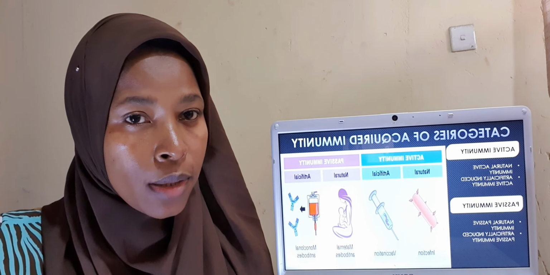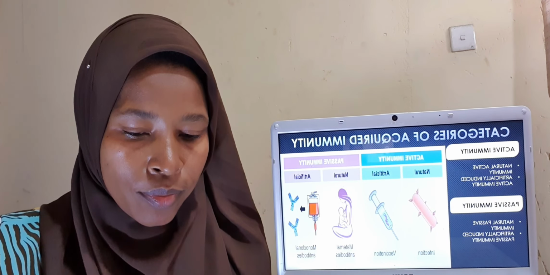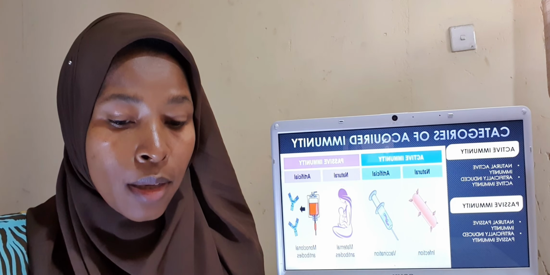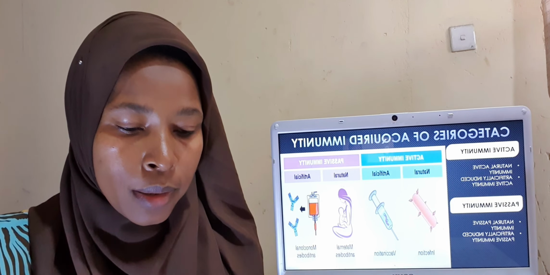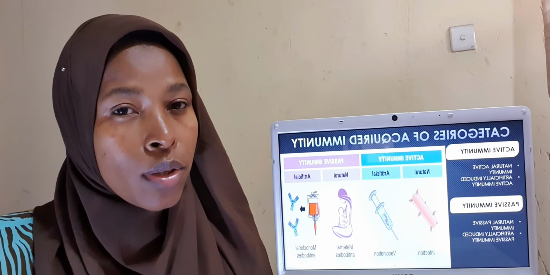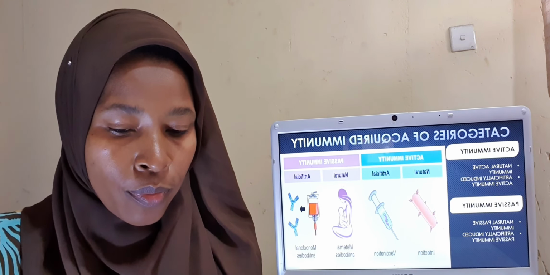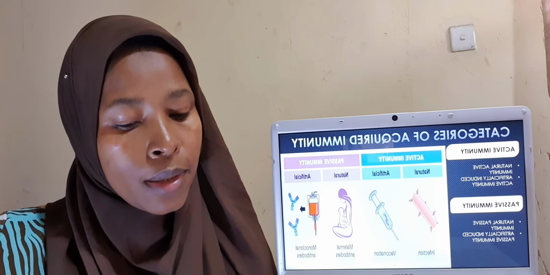There is active immunity and passive immunity. So active immunity is the immunity or resistance gained against a particular disease or illness by creating antibodies for that disease. There are two types of active immunity. So there is natural active immunity and artificially induced active immunity.